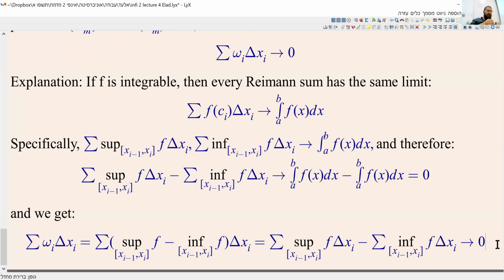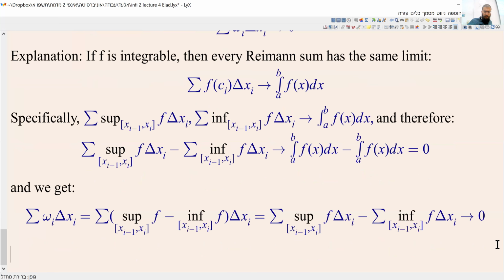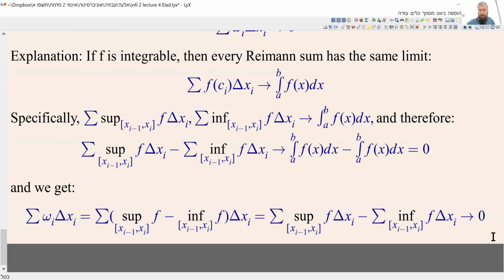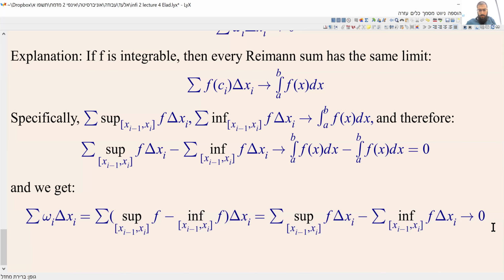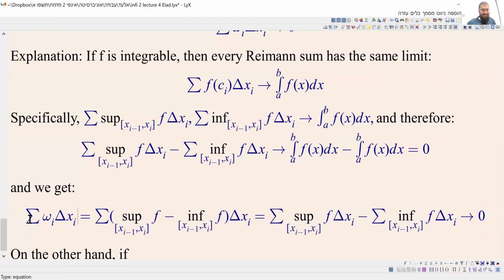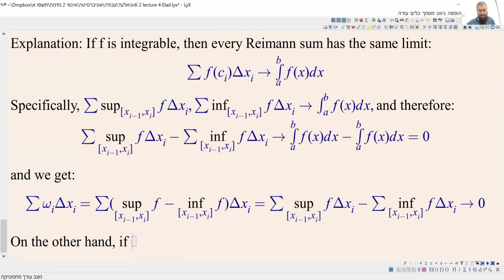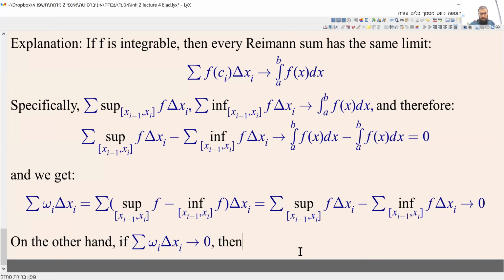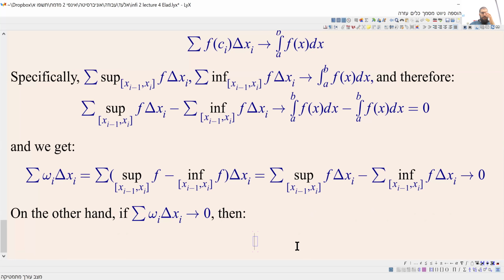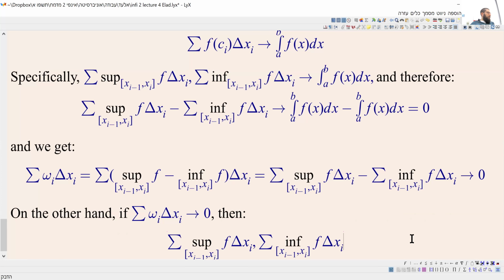For the second direction, on the other hand, if this little fella goes to zero, then, as we already saw in the first direction, the sup and the inf tend to the same limit.